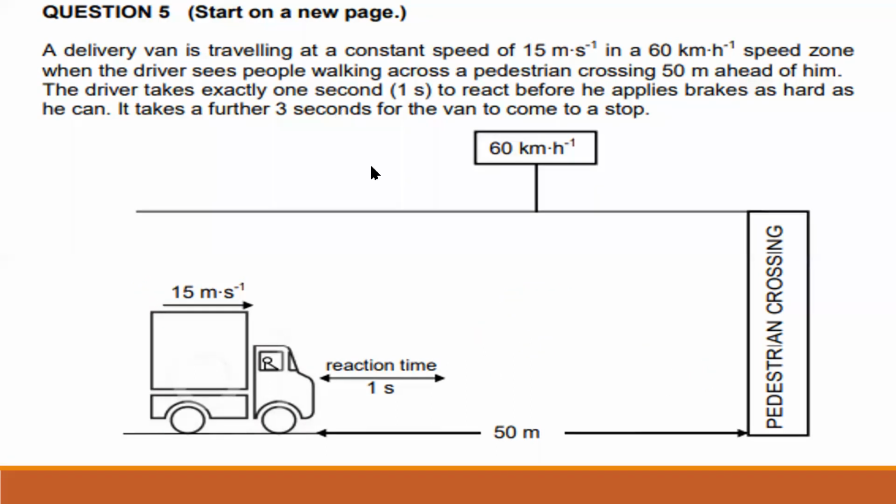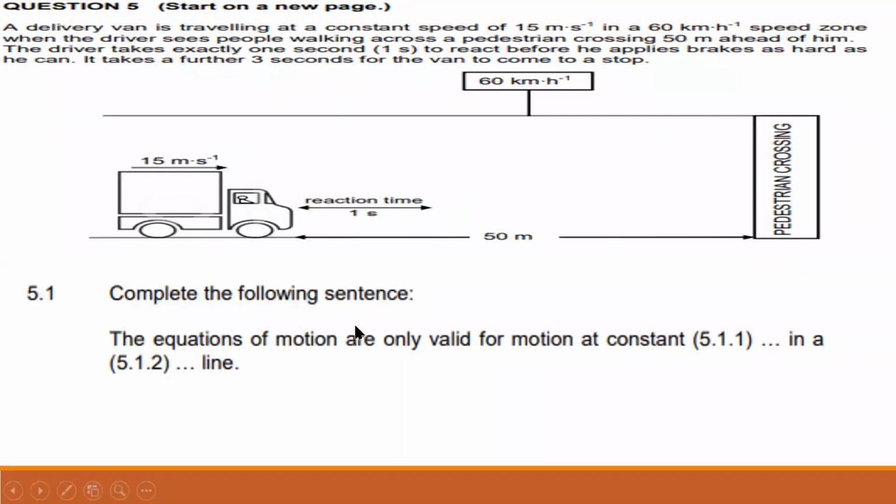Let's continue. Question 5.1. The equations of motion are only valid for motion at constant something in something. First of all, we know, people, all equations of motion need constant acceleration.